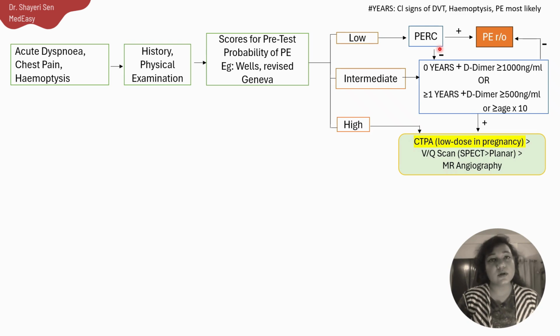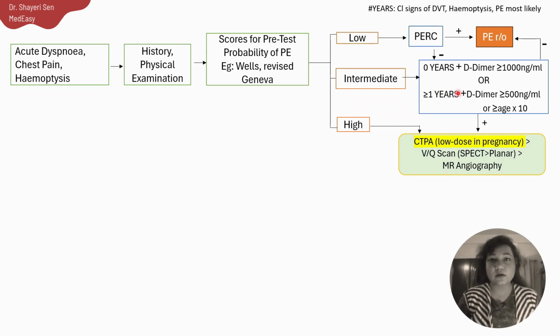If the answer to all the questions is no, then we have ruled out pulmonary embolism. If, however, the answer to even one question is yes, then this patient could have a pulmonary embolism. It has not yet been ruled out, and then we go to the YEARS algorithm. Now, if my patient has an intermediate probability, we directly go to the YEARS algorithm.